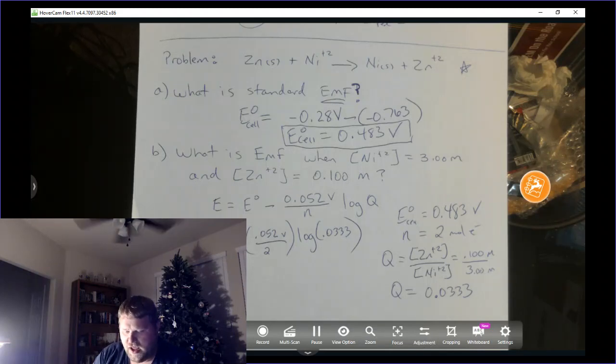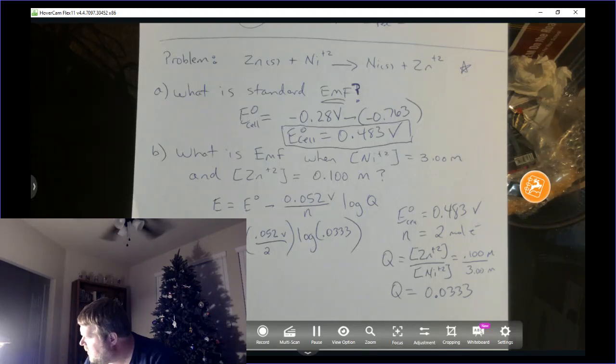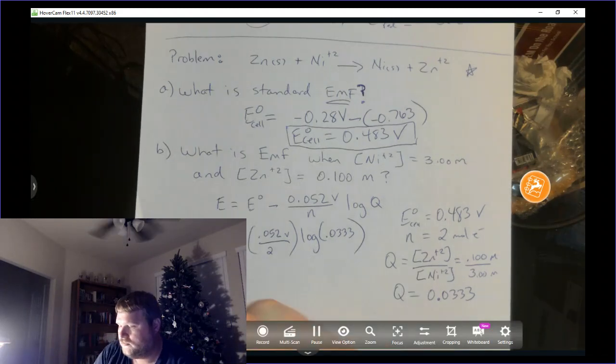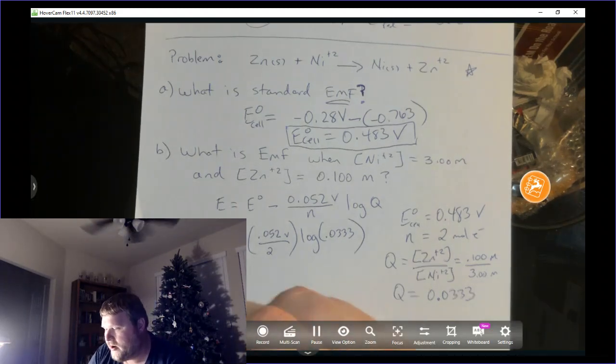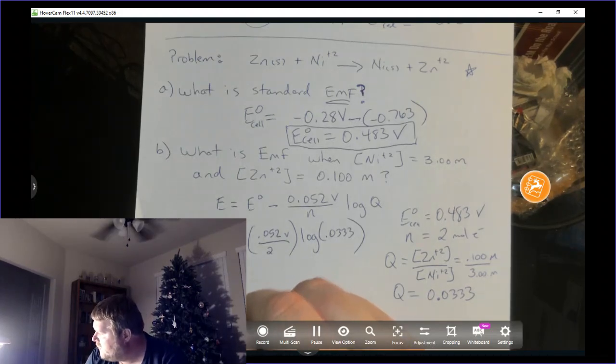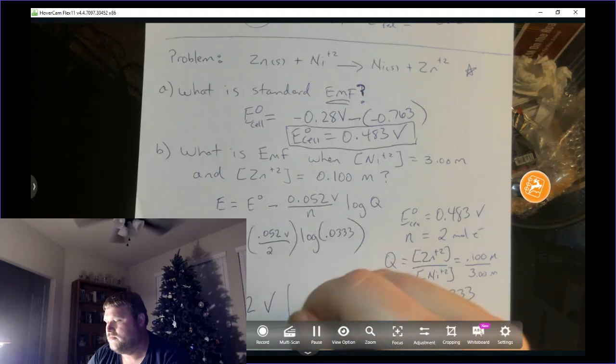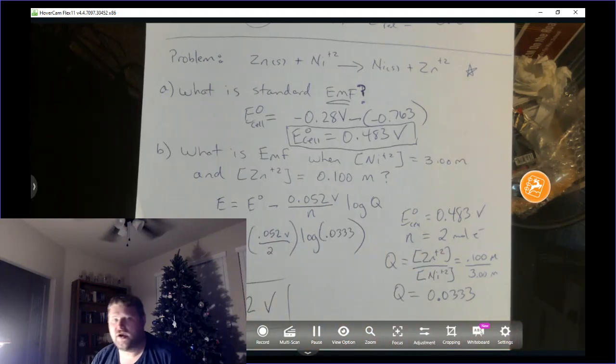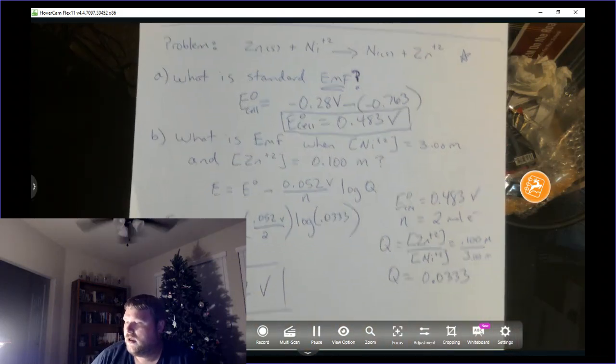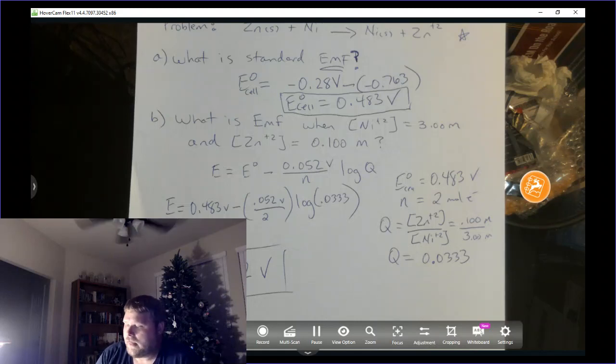And then I'm just going to add my E standard, 0.483. So I got the new voltage, and this time I will round it to the proper number of sig figs, to be 0.52 volts. So we actually get an uptick in the voltage by varying the concentrations.